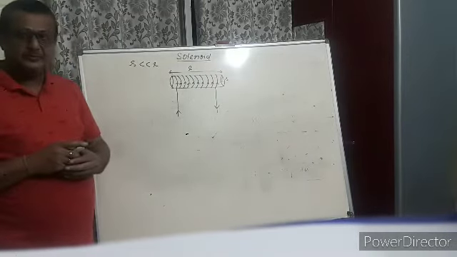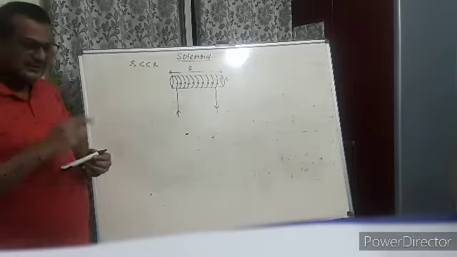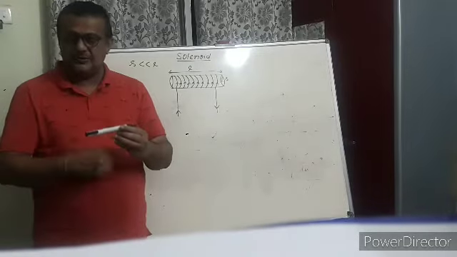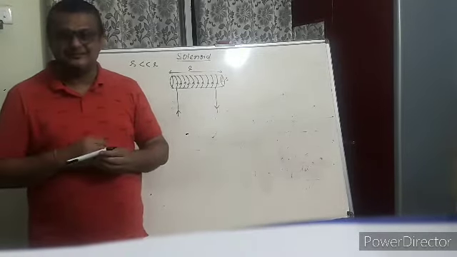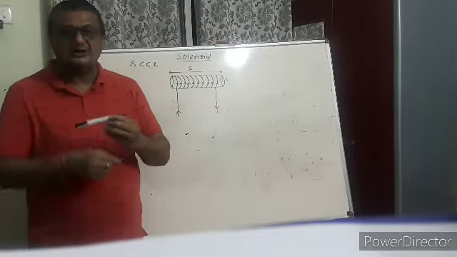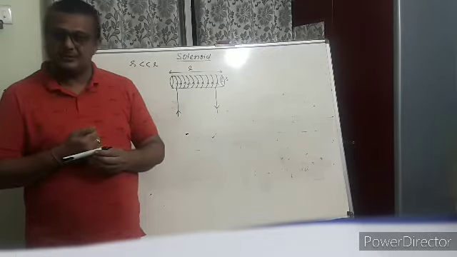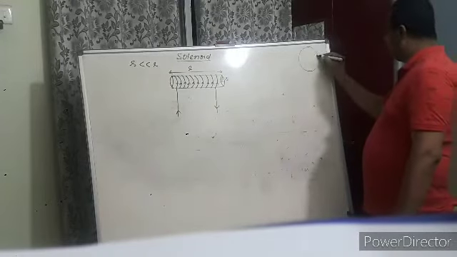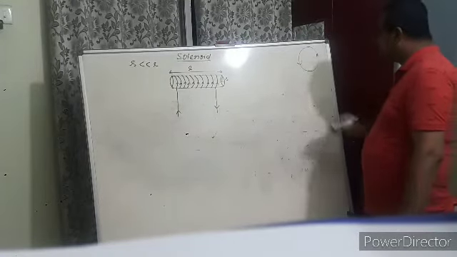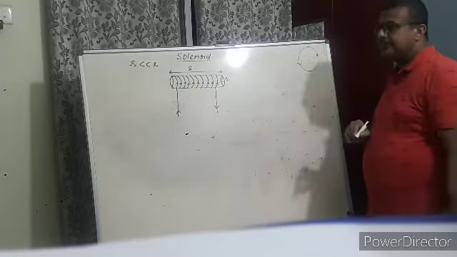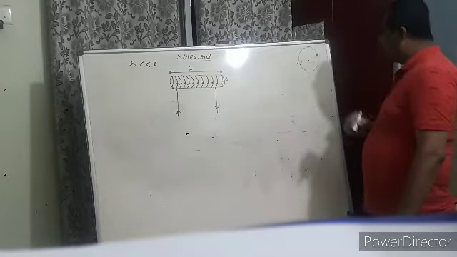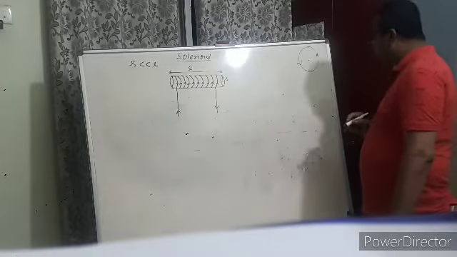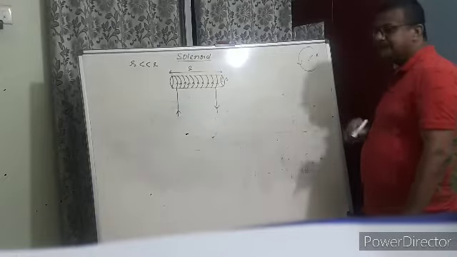In this solenoid, there are several circular rings, circular turns. You know from the previous lecture that if there is a circular turn and current is flowing, then inside the circular turn there is a magnetic field.